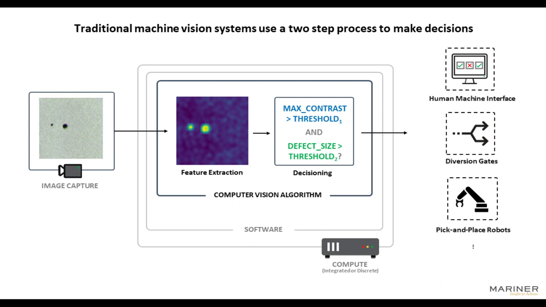This can be accomplished with machine learning, but in a lot of cases, this is accomplished using a recipe. An algorithm designer will set up a recipe for a certain kind of product that manually sets thresholds. So if contrast is bigger than 100 and defect size is bigger than 10 pixels, it must be defective. That kind of thing. That traditionally is how computer vision systems have worked for a long time.